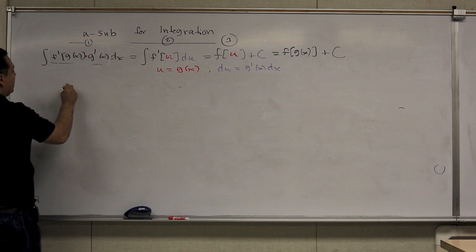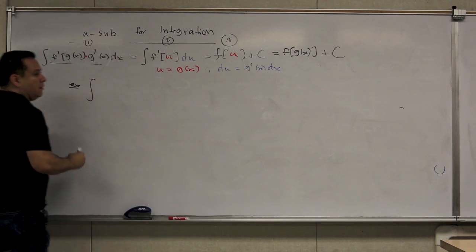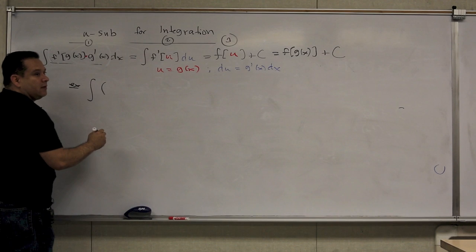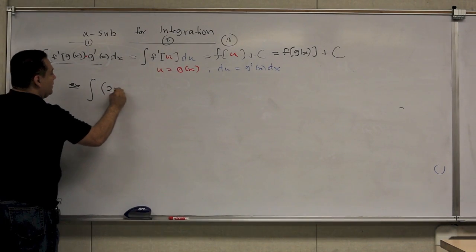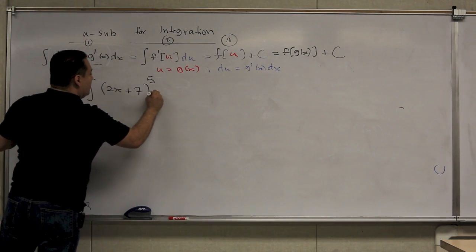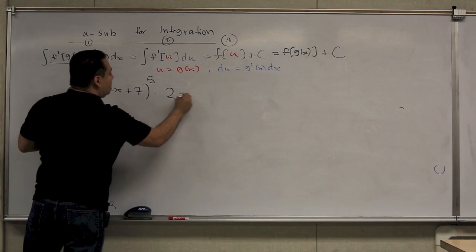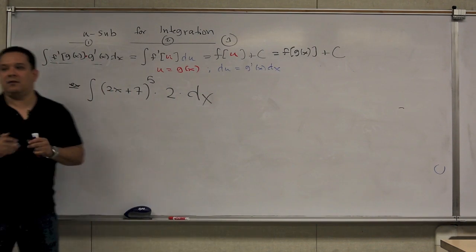How about something like this? I'm going to change it up on you a little bit and say, what if they gave us (2x plus 7) to the 5th power times 2 dx, and I have to integrate this.